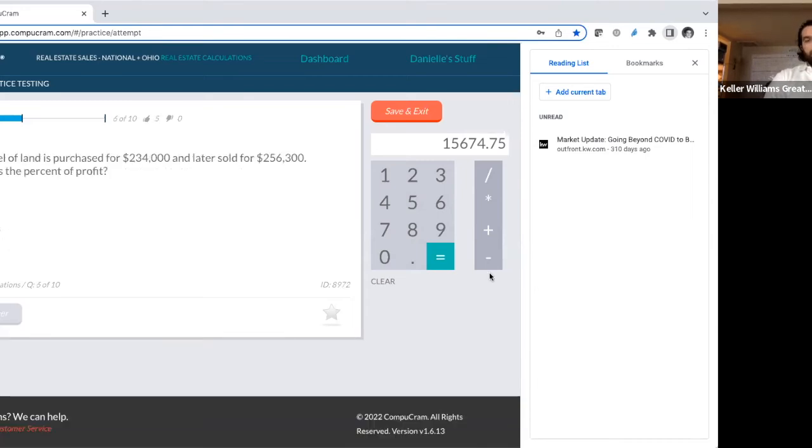All right, a piece of land is purchased for $234,000 and later sold for $256,300.